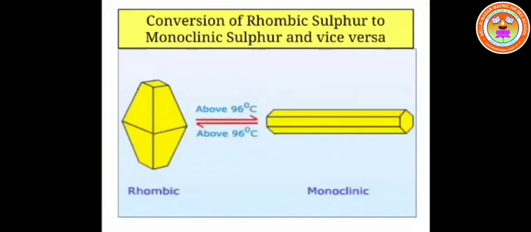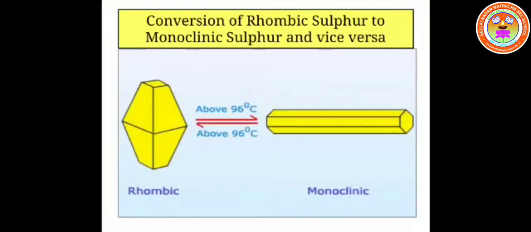Coming to this slide, we can convert one allotrope of sulfur to the other allotrope. This concept also you have to learn, children. See, some allotropes are very stable at a particular temperature. When the temperature is increased or decreased, one form of the allotrope gets changed to the other allotrope.